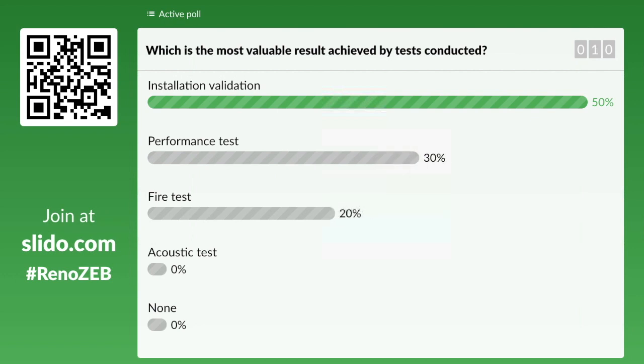Okay, good to know the installation is relevant for you, because let's say that we can achieve different performance, probably also in the fire test in a different way, but with this type of module, the installation is much faster. So it's one of the key elements we are pushing, and I'm glad you appreciate it.